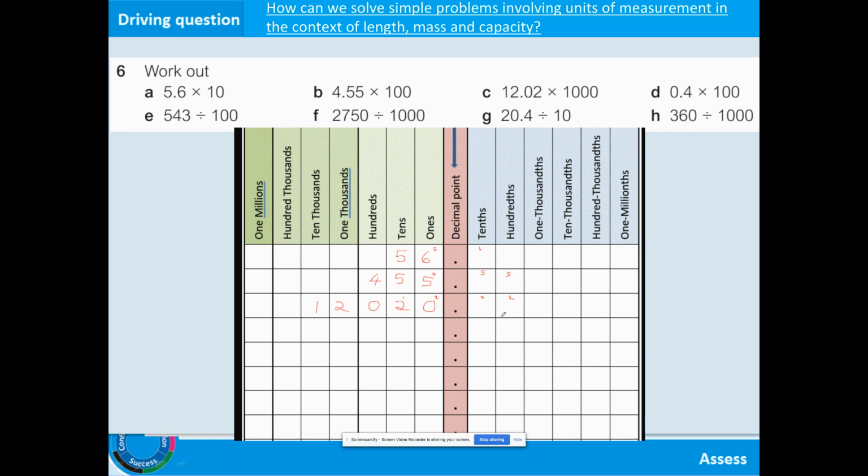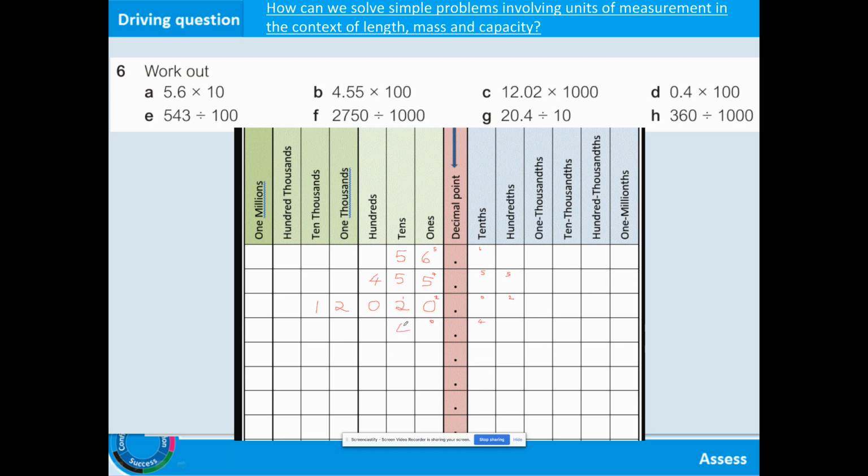0.4 times 100. So I've got 0.4. I'm multiplying by 100. There's 2 zeros, so I'm going to move 2 places to the left. 1, 2. Now, I'm not going to write a 0 in here, and I'll just show you in a minute. I'm just going to move the 4 first. 2 places. 1, 2.